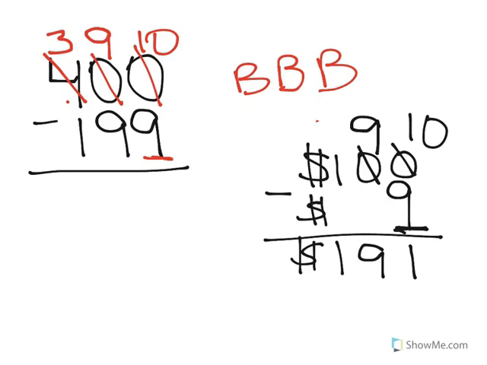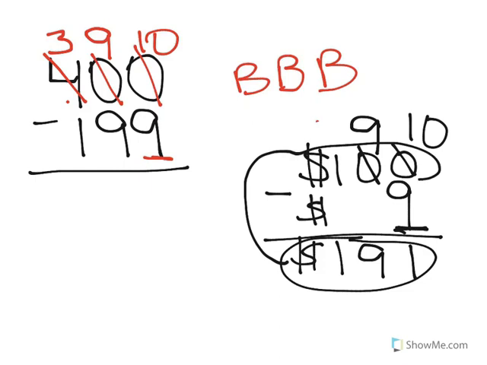Because if we subtract, the rules tell us our answer has to be smaller than what we started with. And this number is way bigger than this one. So we have to borrow from the hundreds place because it's a non-zero digit, turn it to a 0, and that would make our answer just $91.